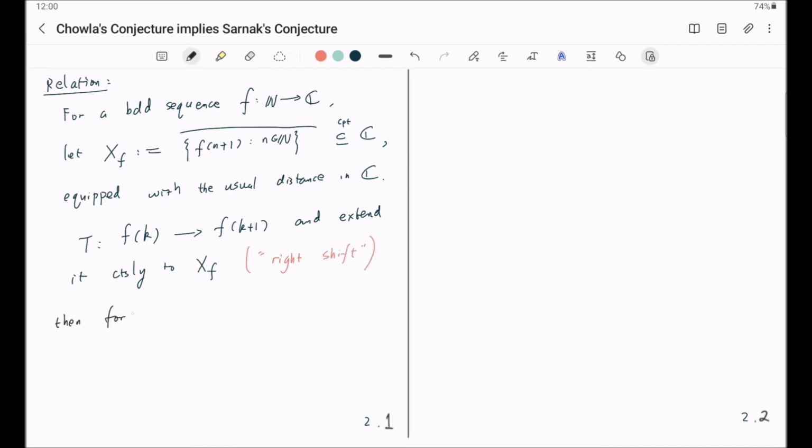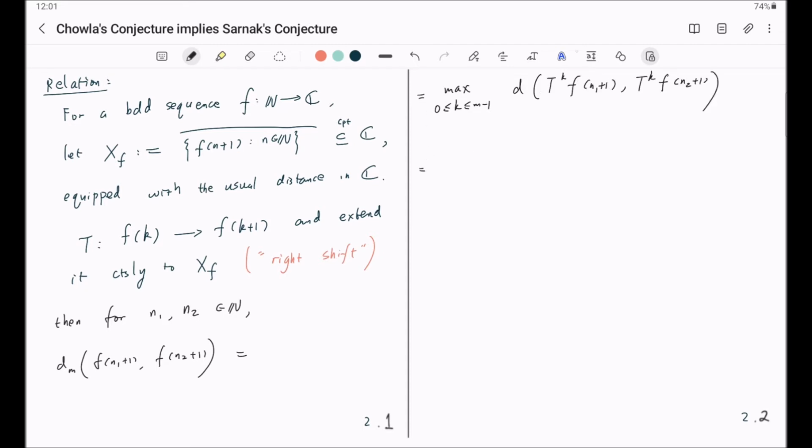Then, for two integers n1 and n2, D_m of f(n1+1) and f(n2+1) will be just equal to, by definition, the maximum, and if you write this out, it is the supremum norm of this.